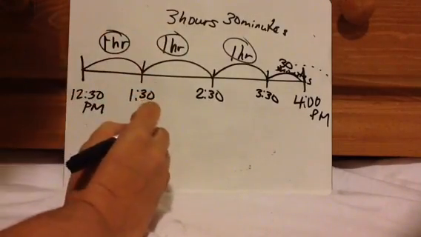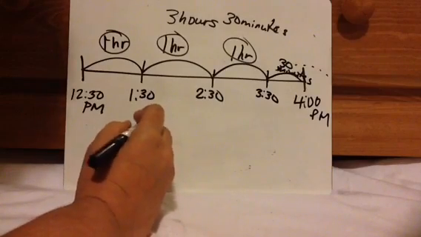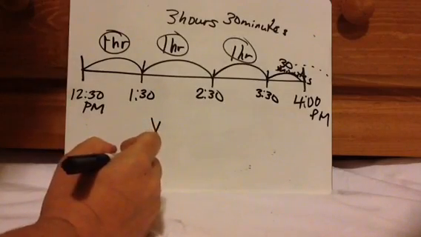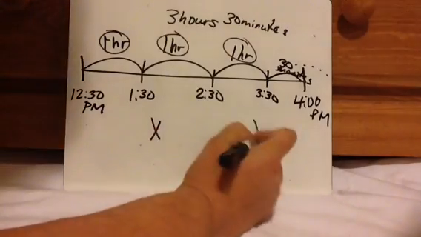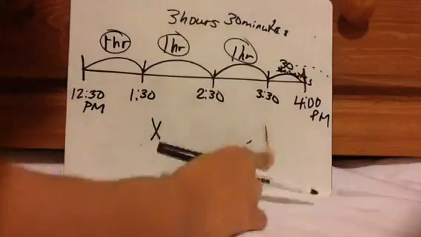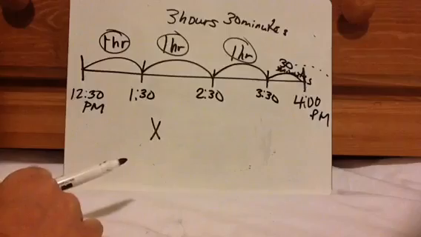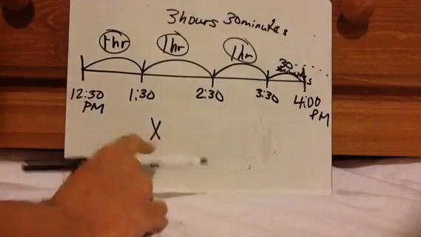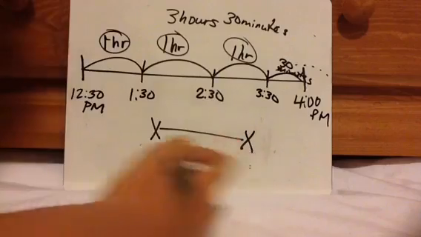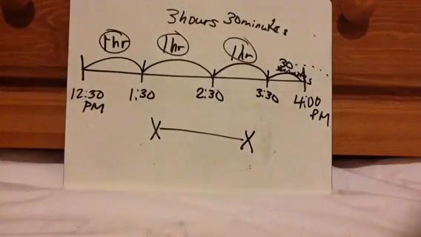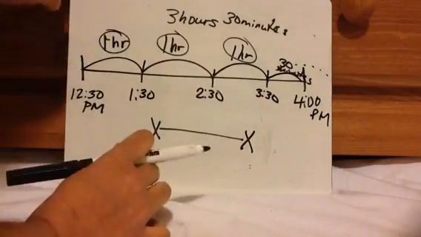So if they say so-and-so started whatever at this time, I would draw an X. And then if the story says she finished at this time, I would put an X here. But if they say she started at this time and it took her this much time, at what time did she finish, then I would do that. And that kind of helps me understand and visualize what's going on in the story.